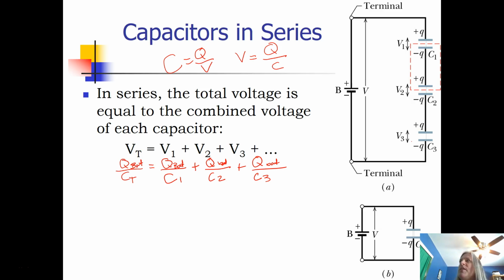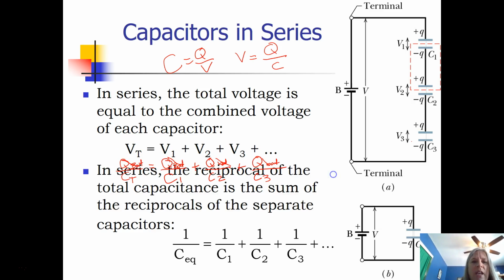So I end up with this really interesting equation because these Qs are the same, so we can cancel them out, and we get that in series, the reciprocal of the total capacitance is the sum of the inverses of the separate capacitances.